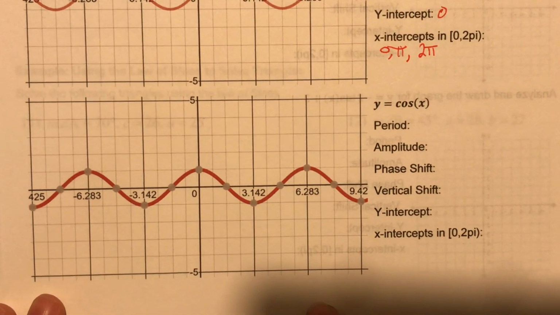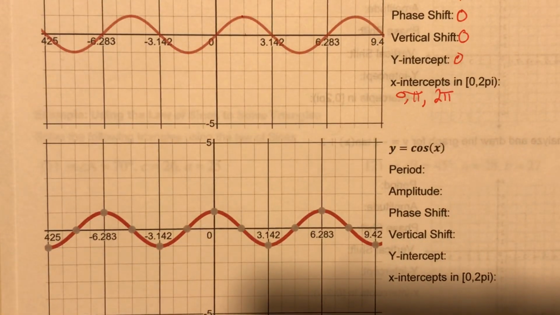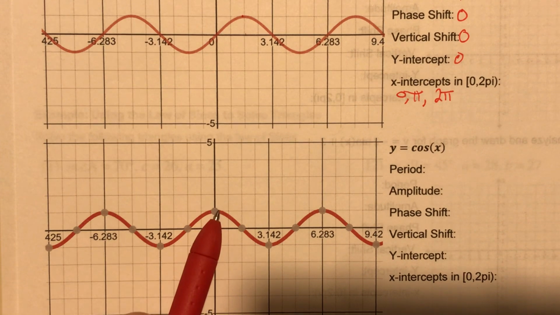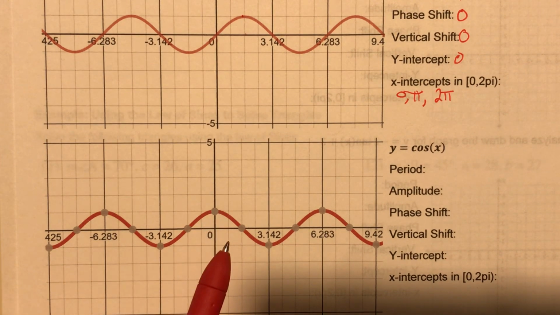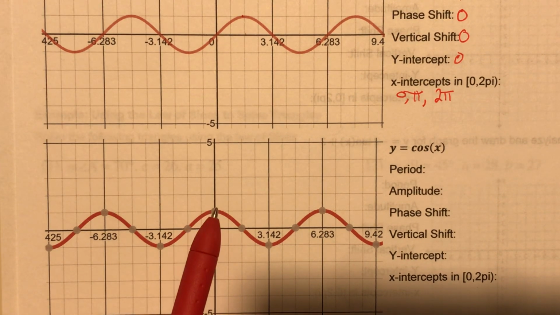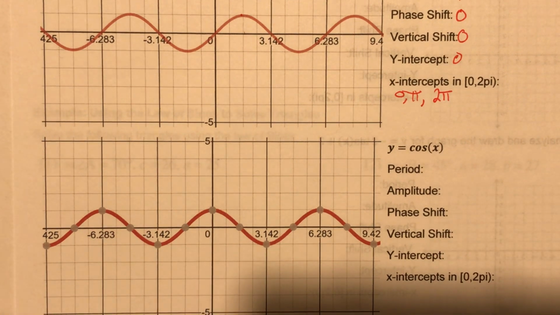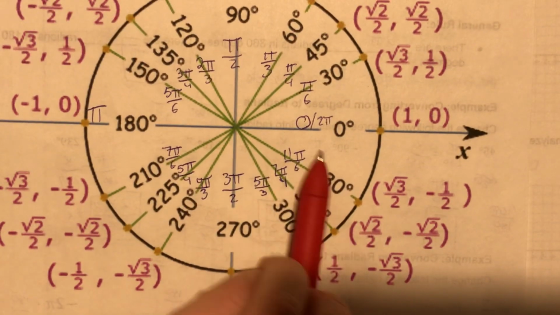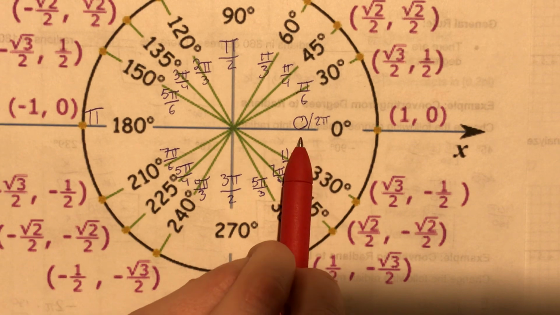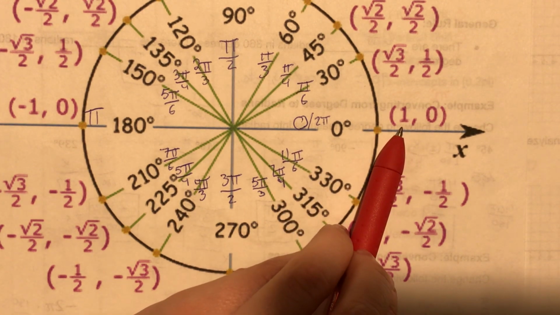So here's the cosine function. Look at the difference between the sine and cosine functions. There's not too much difference except this function starts at the top, okay? The cosine of 0 is 1. Check your unit circle to make sure. Start at 0 radians. The cosine is the x-coordinate.